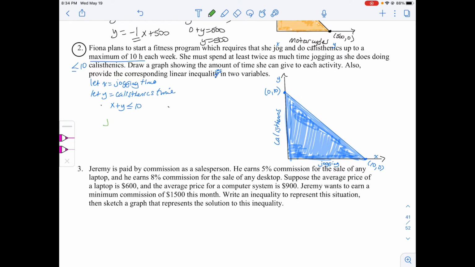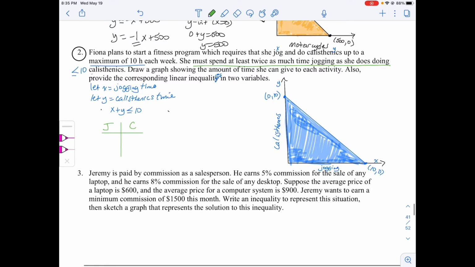We have no idea exactly how much time is being spent, but if jogging is our x and calisthenics is our y, let's pretend she's going to spend 3 hours in a week doing calisthenics. Her jogging would therefore have to be twice as much, which would be 6.